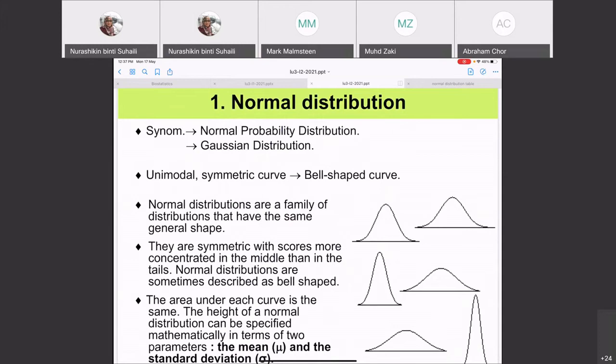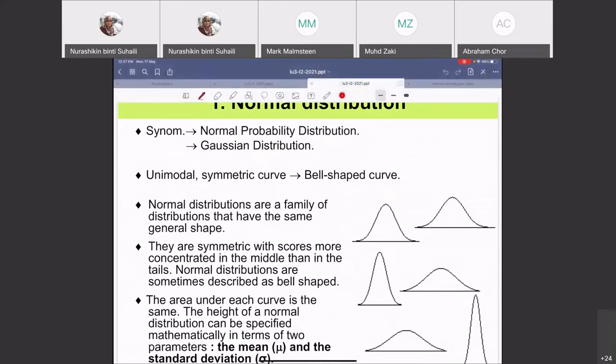When we talk about normal distribution, as I said just now, it refers to the bell-shaped distribution. We also call it the bell-shaped curve. This is how the bell shape looks.